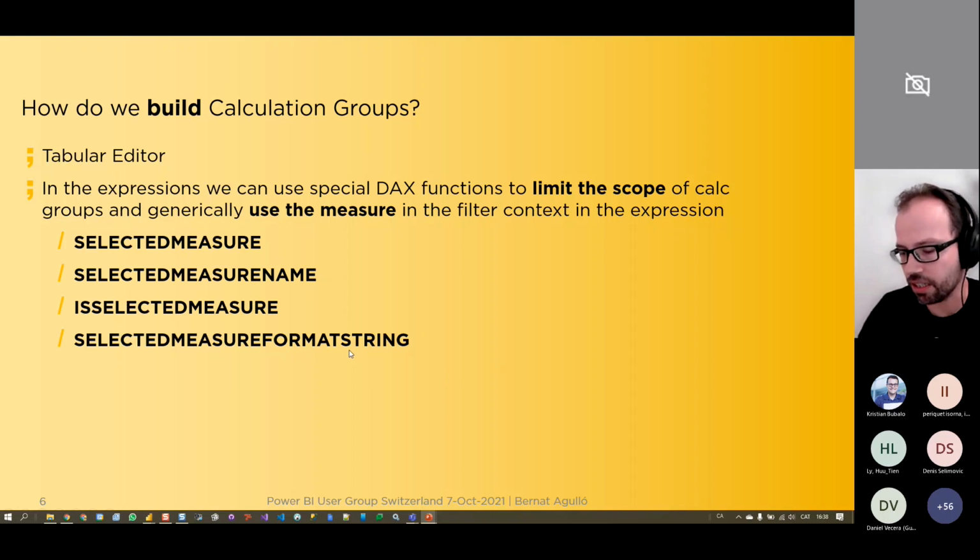For instance, for most time intelligence calculations, you just want to keep the same format string that comes. But if you're doing a year-over-year %, then you want to modify it, but only if it's one of the affected measures. So that's why you'll need the ability to return the original format string as well.